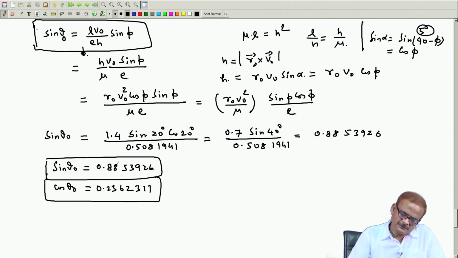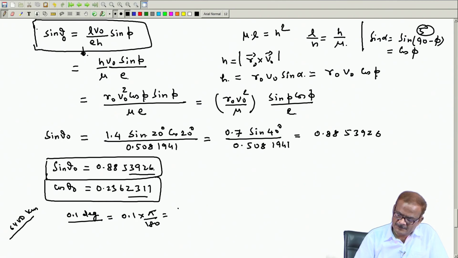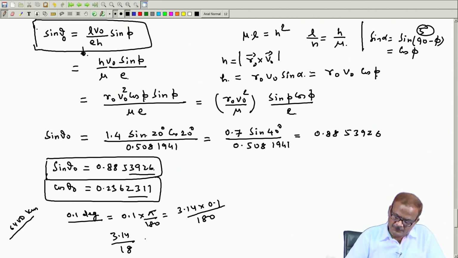Though for our purpose this many digits are not required, remember that if we are looking at a 6400 kilometer distance and you make a mistake of, say, 0.1 degree in evaluation, this will be 0.1 times pi by 180, approximately 3.14 times 0.1 divided by 180, this much in radians.